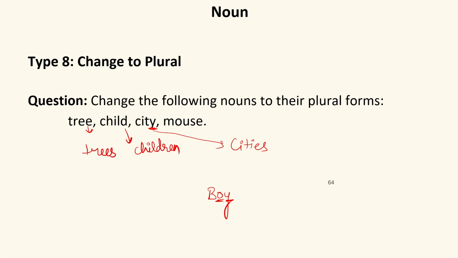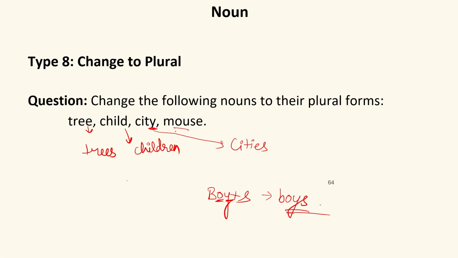But whenever we have a word that ends with Y, and immediately before the last letter we have a vowel, that is A-E-I-O-U, we just put S and the word converts into plural noun. For example, boys, toys, and so on. But if we have ladies, city, so it ends with Y, we replace Y with IES, that is ladies, cities, and so on, countries, babies.